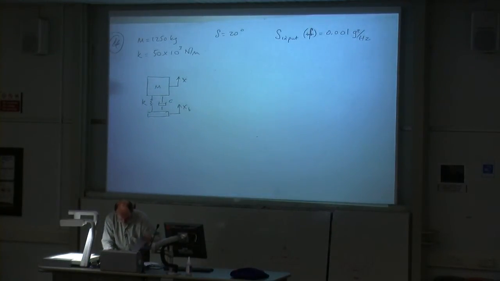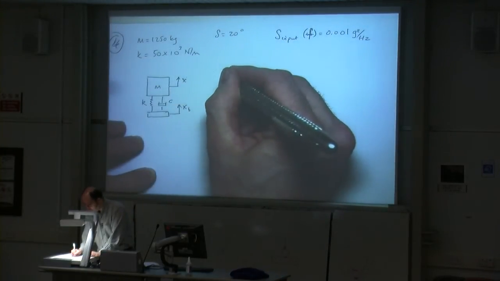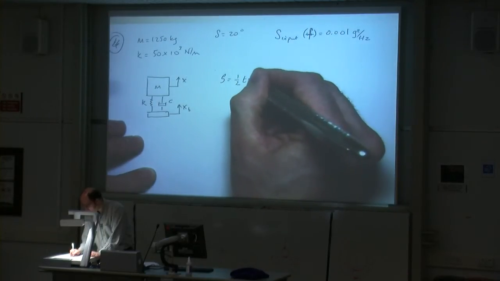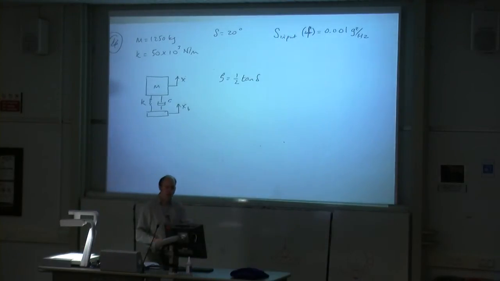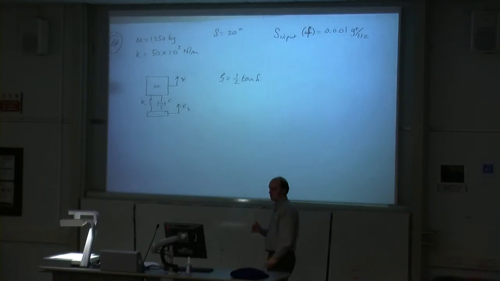What I'm going to do is work out, first of all, what my C value is going to be. Back on the equation sheet, you'll know that zeta is 1/2 tangent of the loss angle. When you're given something with a loss angle, you know it's got damping, and that's the equation that will give you an approximate value of zeta.